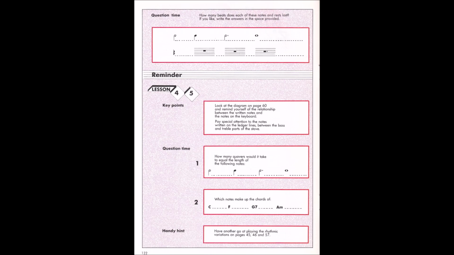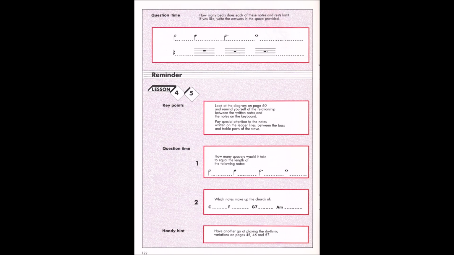So, to answer the question, how many quavers equal the various notes on page 122? 4 quavers equal a minim, 2 equal a crotchet, 6 equal a dotted minim, and 8 equal a semibreve.